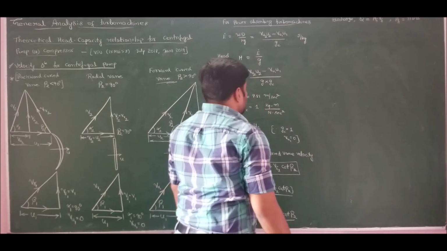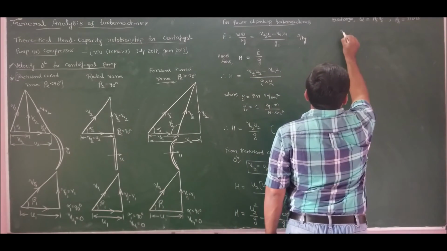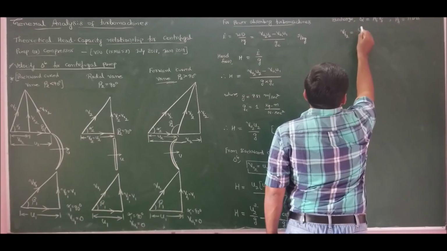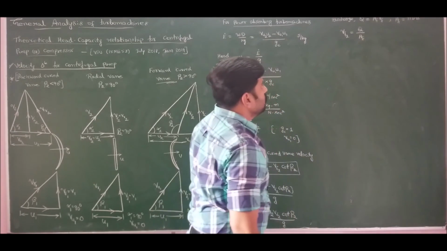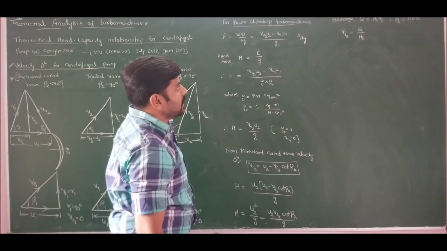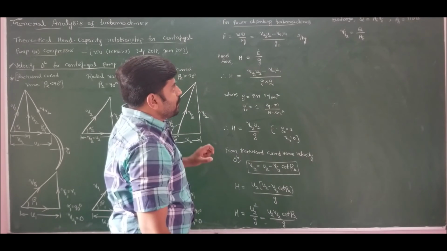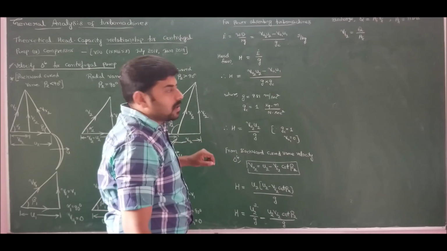So I can write VF2 as discharge divided by the outer flow area, that is pi d2 b2, the outer external diameter and the width of the vanes at outlet.